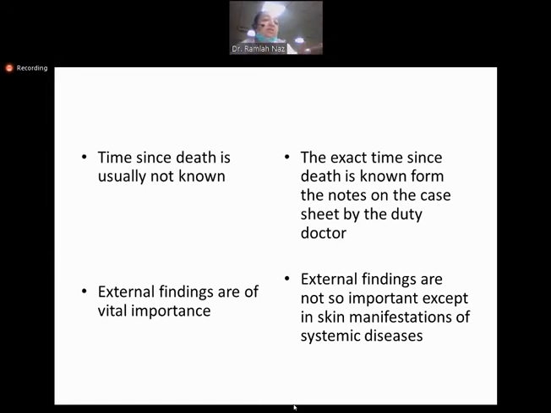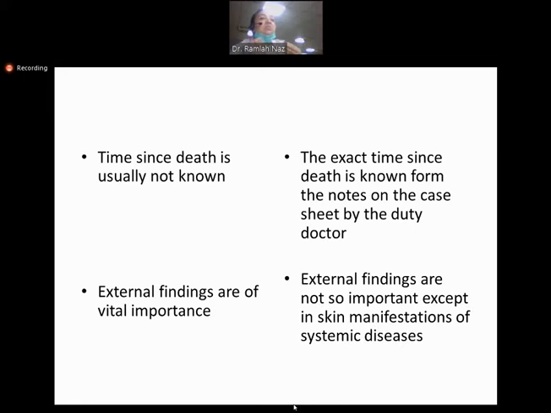Because, as I said, it may be an unknown body, when we pick up the body, maybe we will get some kind of fiber or scraping on the deceased person's body, which we have to take out and have examined. So external examination and external findings are very much vital.